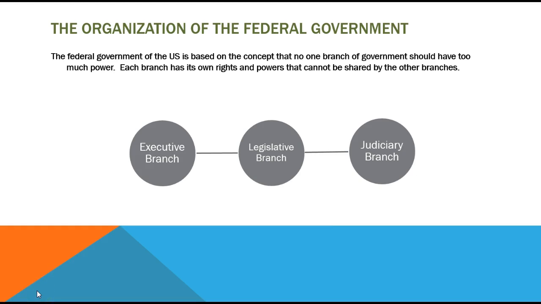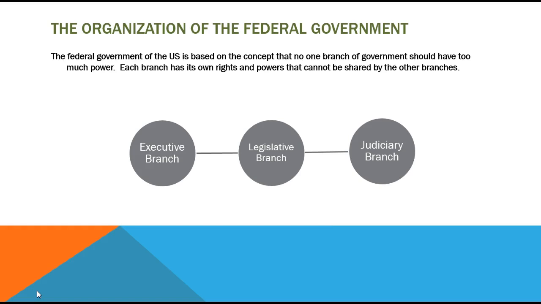Again, I've skipped some slides for you. Pretty much how it usually works is that the executive branch, which is the president, the legislative branch, which is Congress and the Senate, and the judiciary branch are somewhat considered equal, and they're meant to be mainly the same size so that one can check the other.